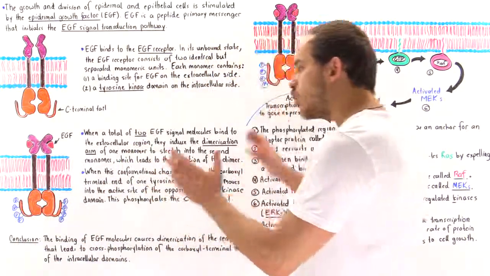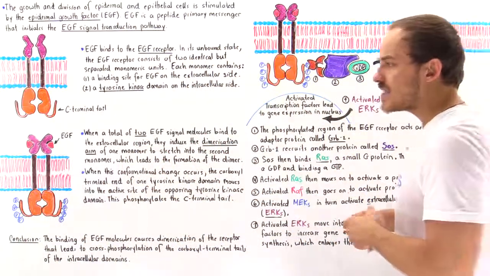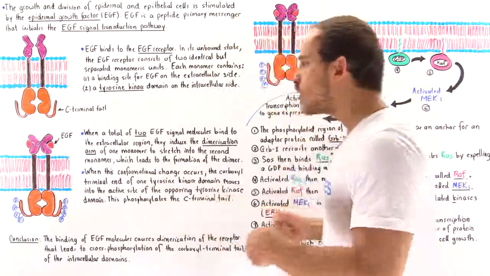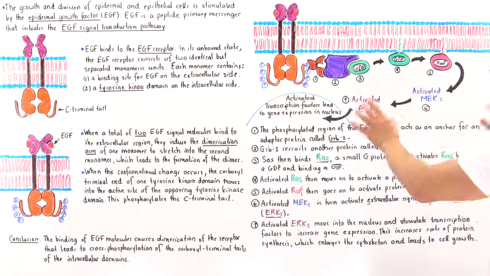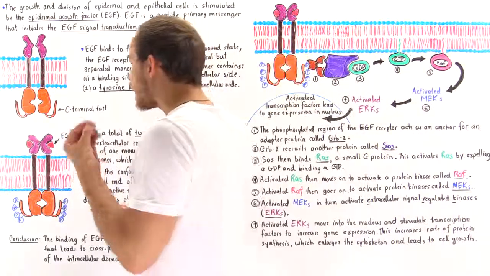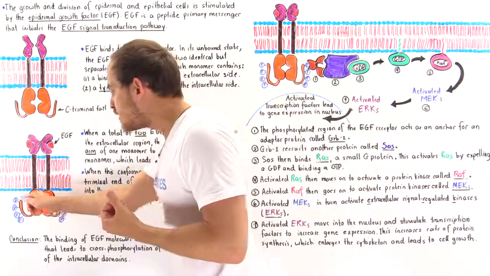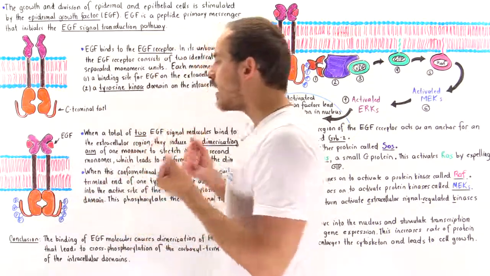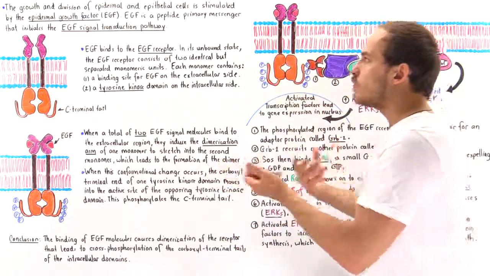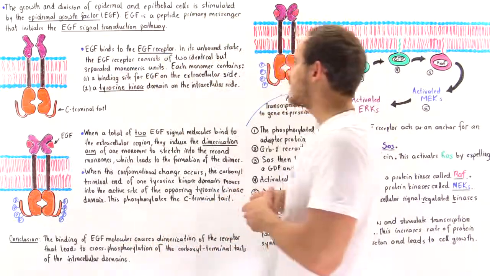And what this cross-phosphorylation process does is it creates attachment points for further attachment of other proteins, as we'll see in just a moment. So the entire point of phosphorylating these two regions is to allow the attachment of other important proteins that are part of the EGF signal transduction pathway.